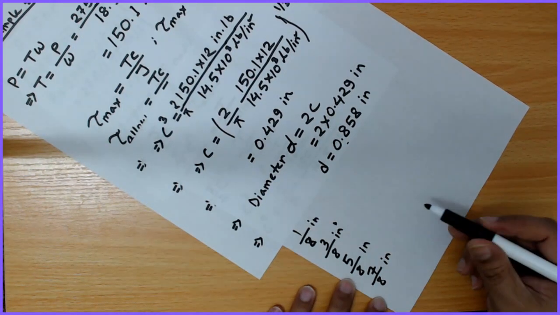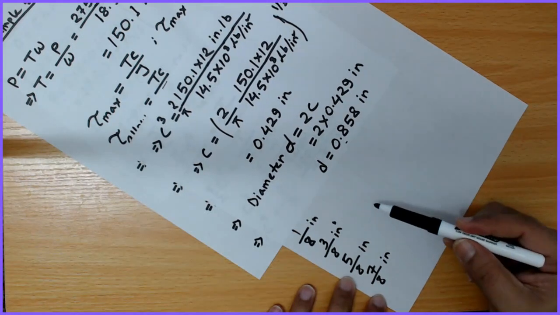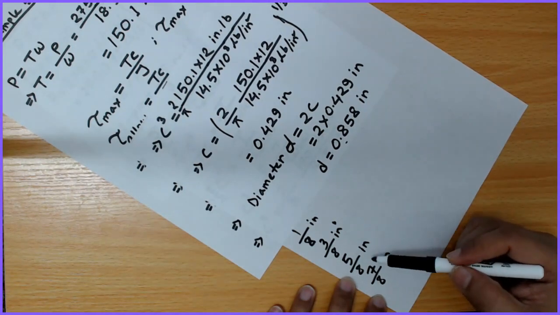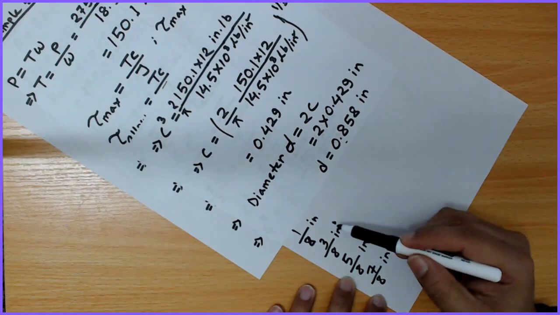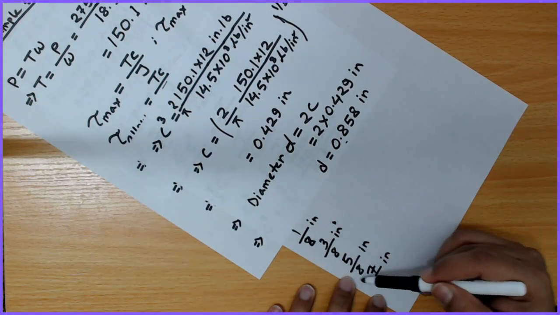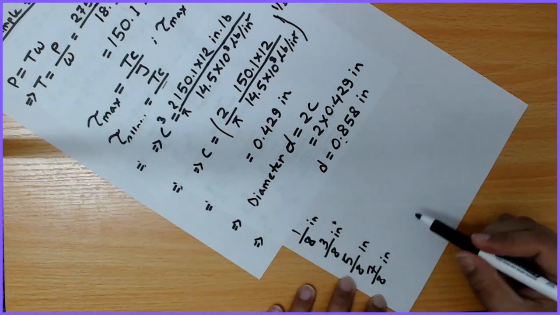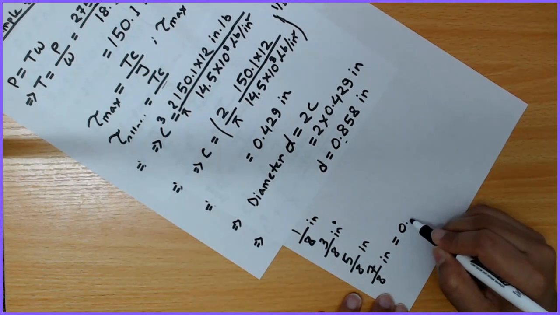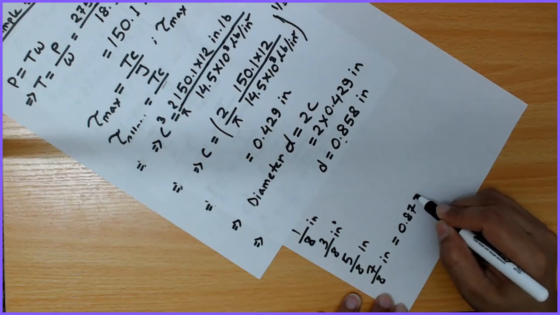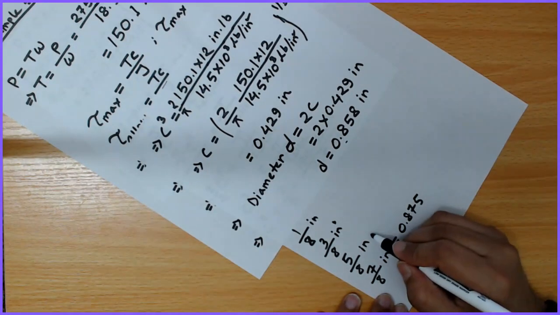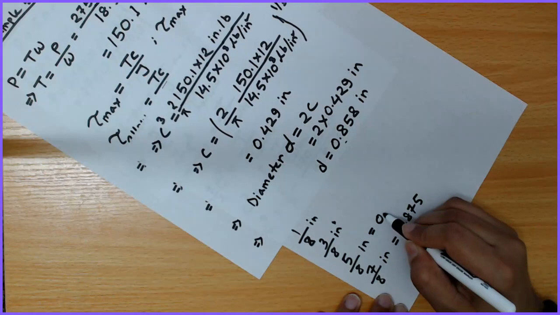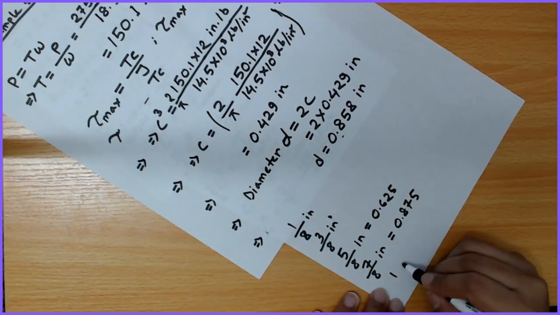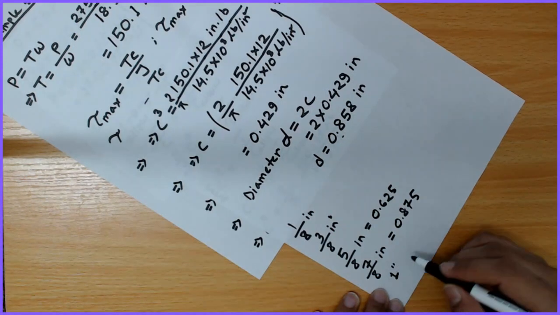So you have to select a rod whose diameter closely matches this. 7/8 is 0.875 and 5/8 is 0.625, and the next is 1 inch.